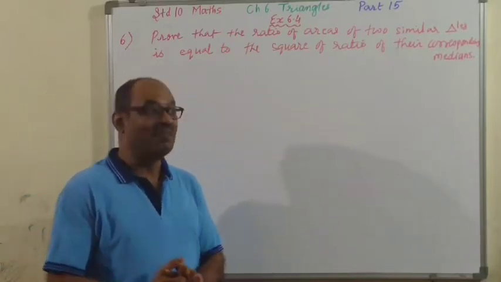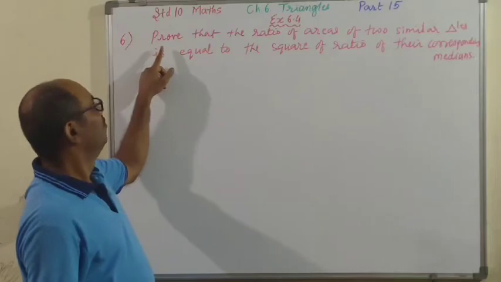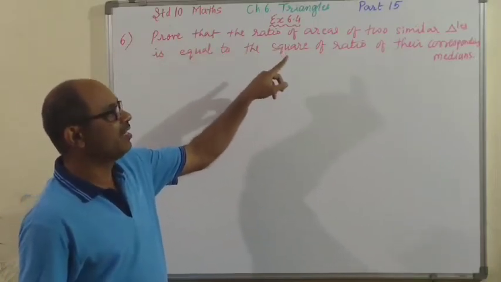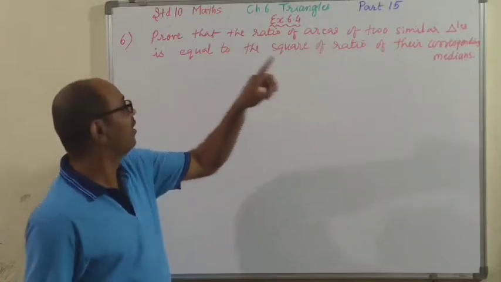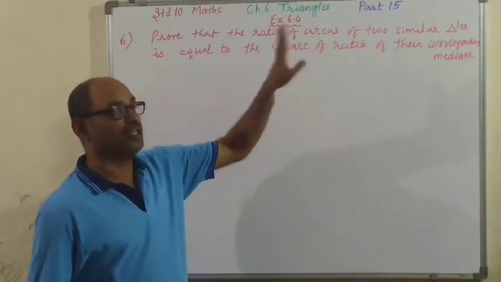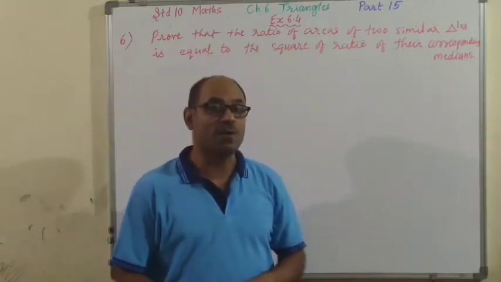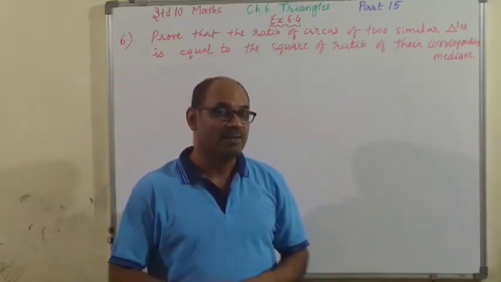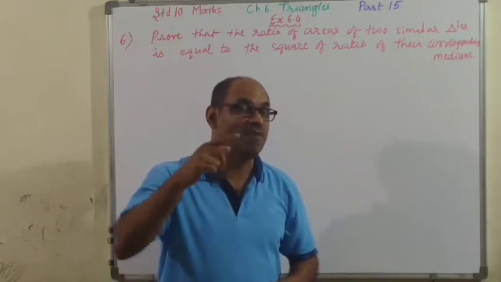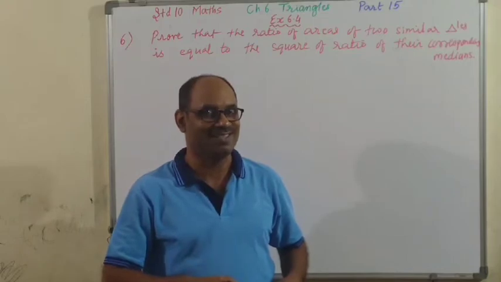So let's see the next sum. Prove that the ratio of areas of two similar triangles is equal to the square of ratio of their corresponding medians. This is the third successive sum where you have to find the ratio of areas of similar triangles.